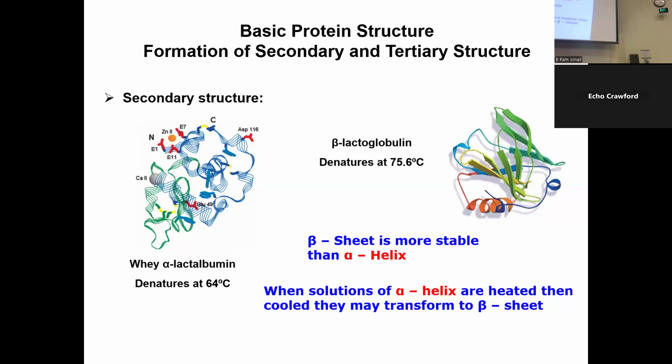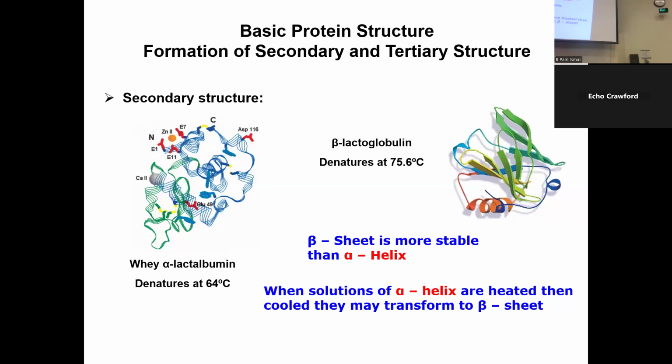So oftentimes when measuring the level of denaturation at the secondary level of the protein, we calculate the ratio of alpha helix to beta sheet. When this ratio goes down, that's an indication that the protein denatured not only at the tertiary level, but at the secondary level.